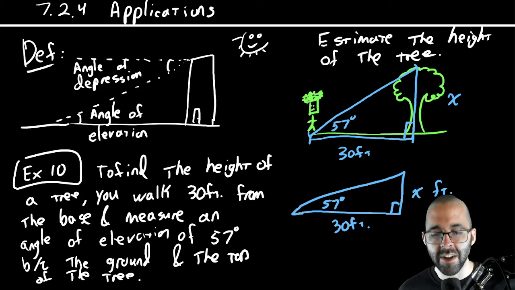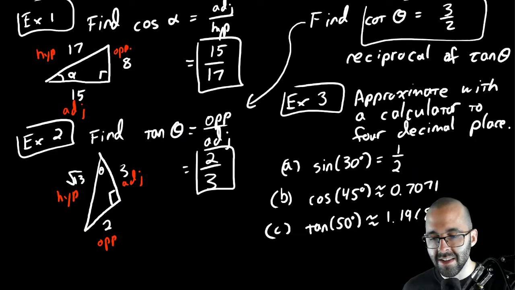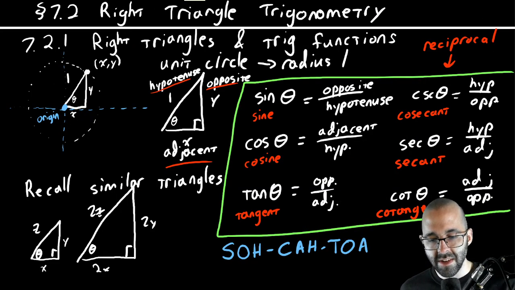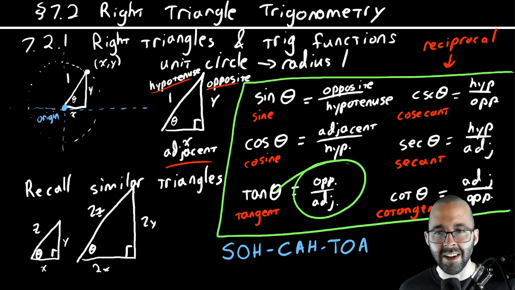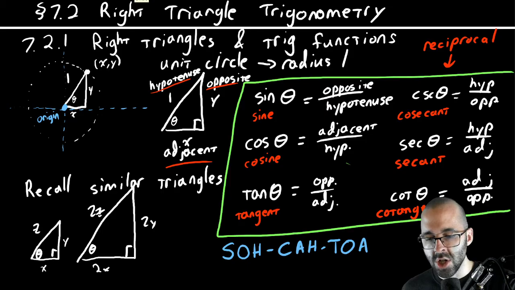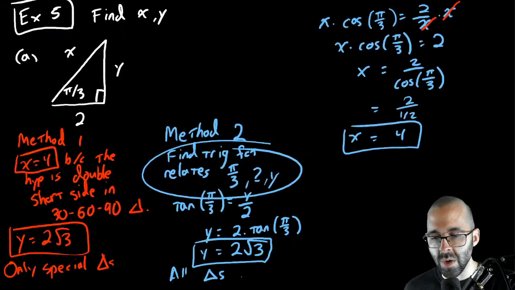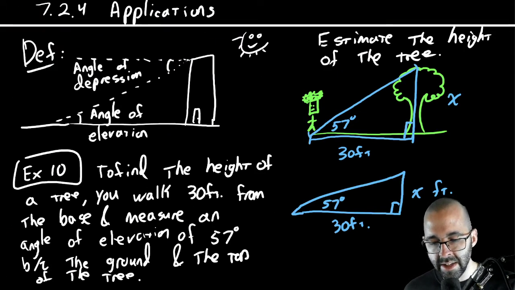We need to find a trig function that relates an opposite side with an adjacent side. There it is right there. Good old tangent. Tangent never lets us down. TOA. SOHCAHTOA. All right. So that's what we're going to write down.